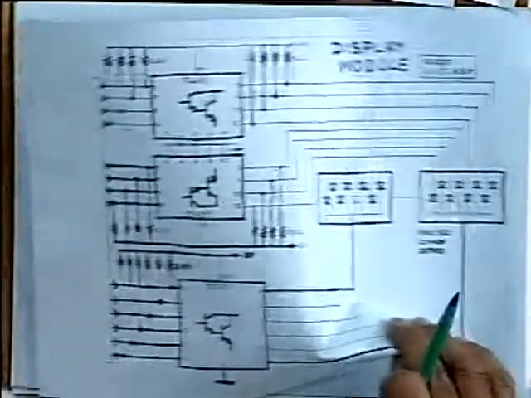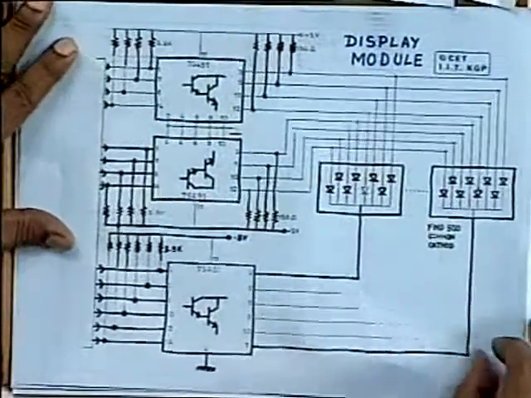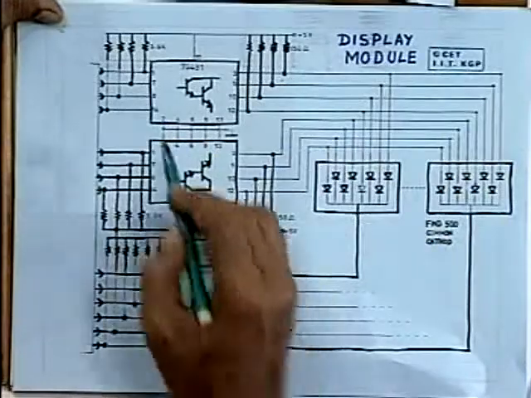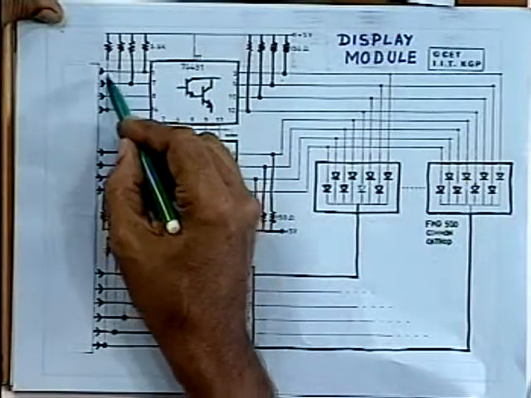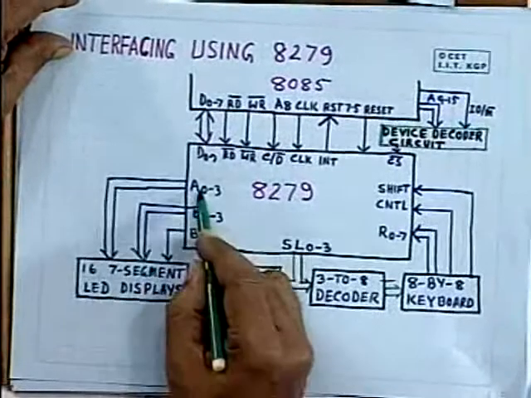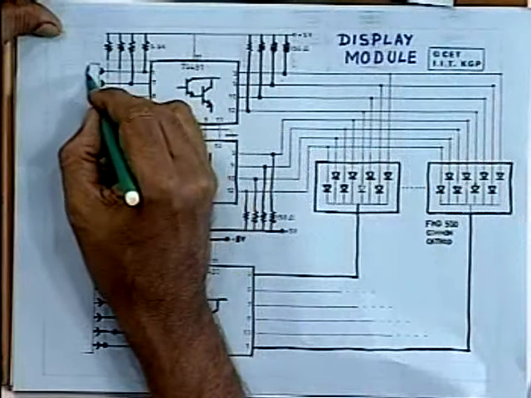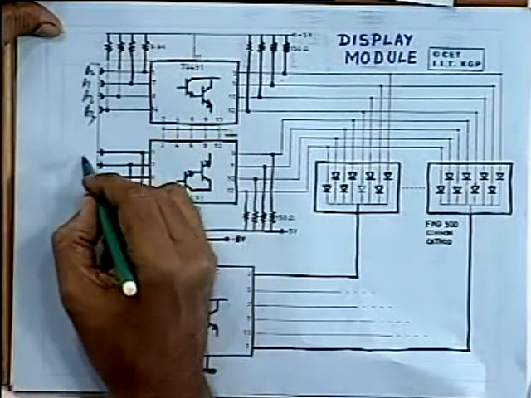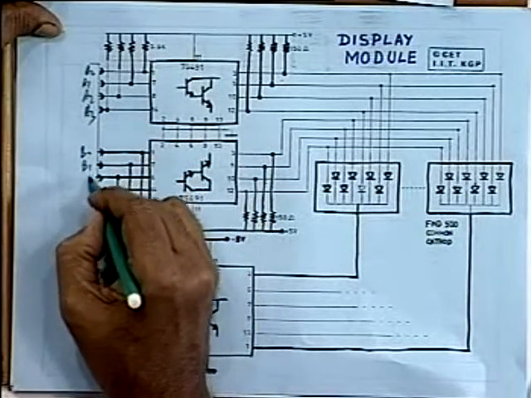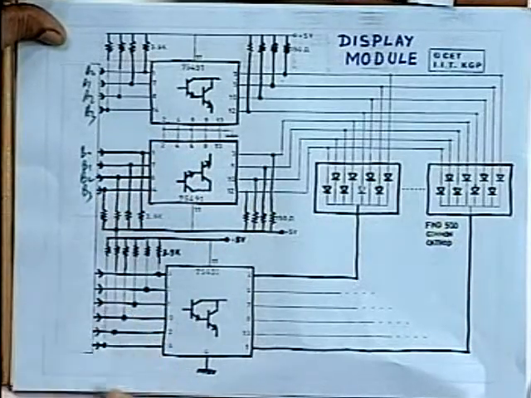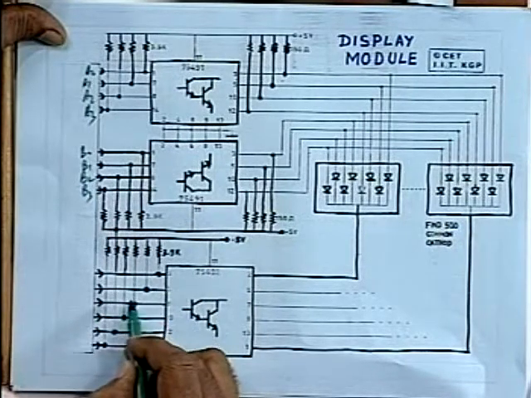For the LED display, these lines will come from A0 to A3 and B0 to B3. So here A0, A1, A2, A3 and B0, B1, B2 and B3 are to be connected, and the scan lines will come from the decoder.